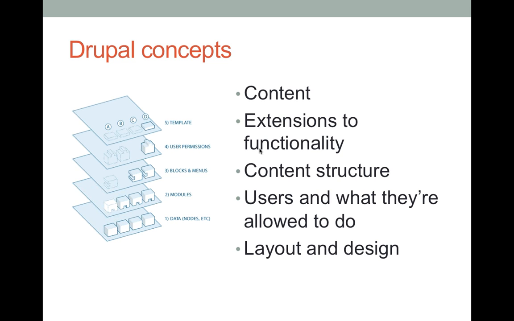And then finally, the template. This is what makes things look the way they are, whether your color scheme be blue, green, you use particular fonts, you have particular styles that you use in-house. That's where the template comes into play.